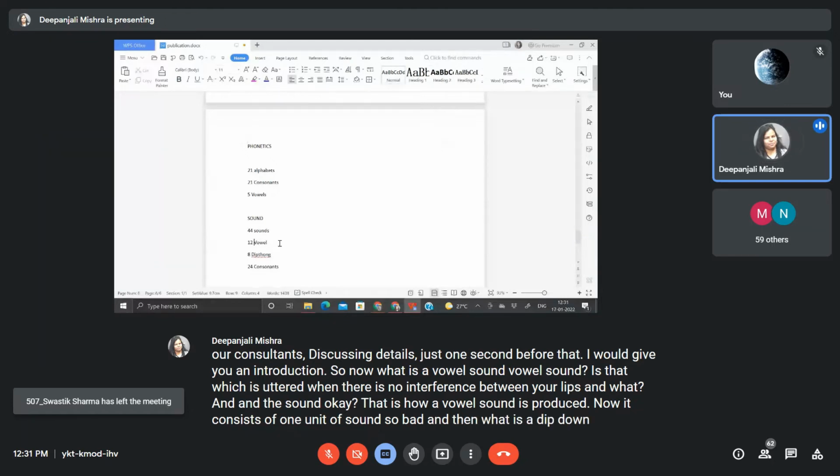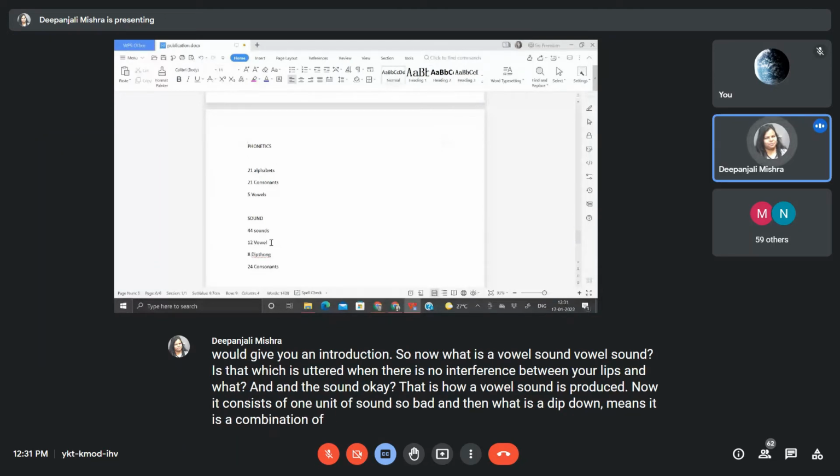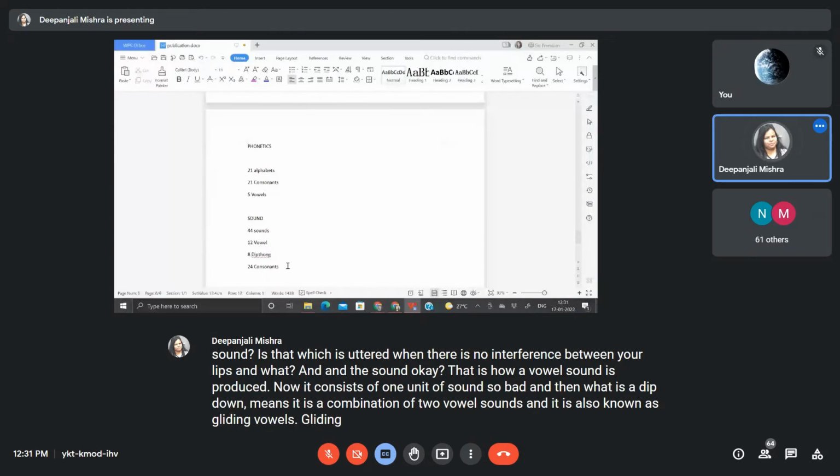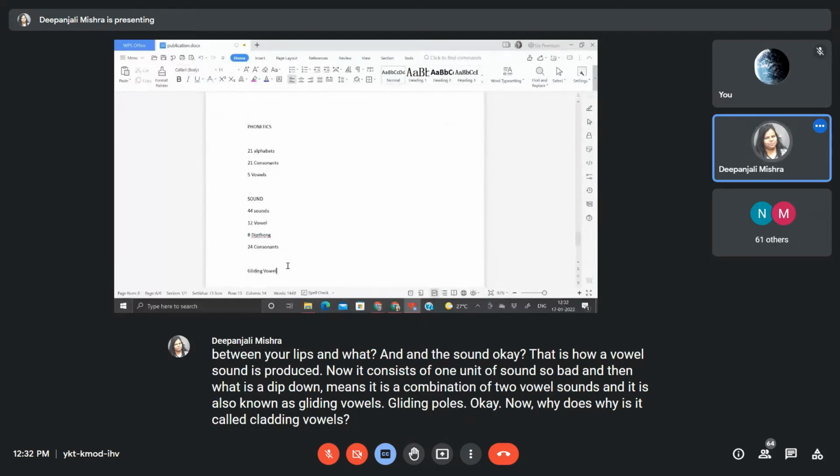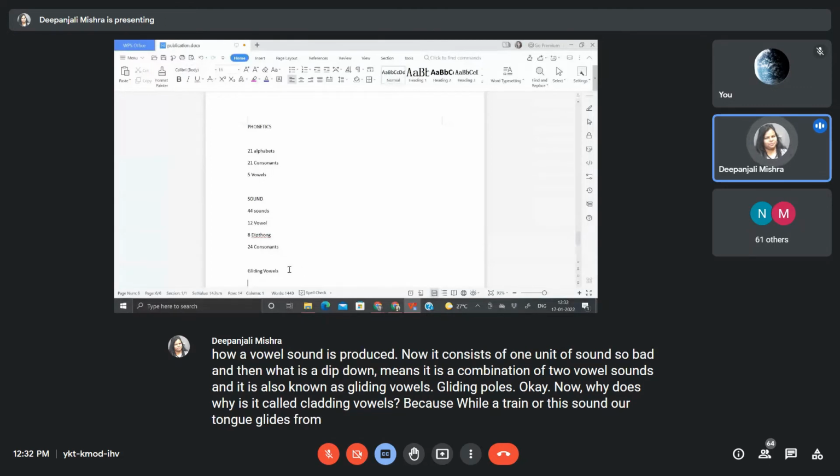A diphthong is a combination of two vowel sounds, and it is also known as gliding vowels. Why is it called gliding vowels? Because while uttering this sound, our tongue glides from one vowel sound to another.